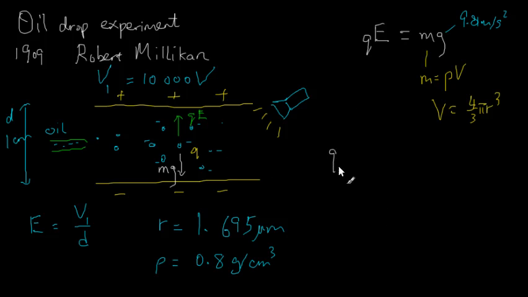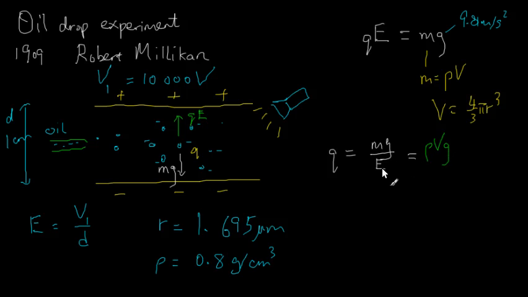So for Q, the charge is equal to mg over electric field strength. Just rearrange that. Q is equal to m, which is density times volume, times g.